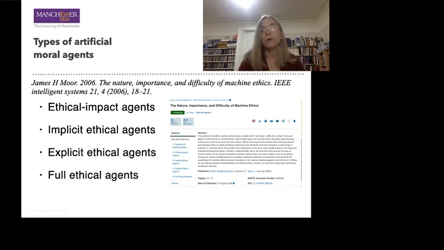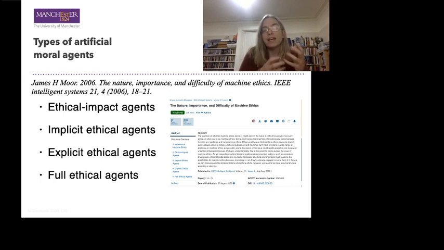Then we have what we call implicit ethical agents. So these are ones where we believe they are some kind of AI system, we believe they are making decisions about something, we might believe they have some kind of level of autonomy. I mean, obviously all of these things are quite fuzzy terms, but what we think is that when we look at how they perform their reasoning, they are not internally using concepts of, is this the right thing to do?